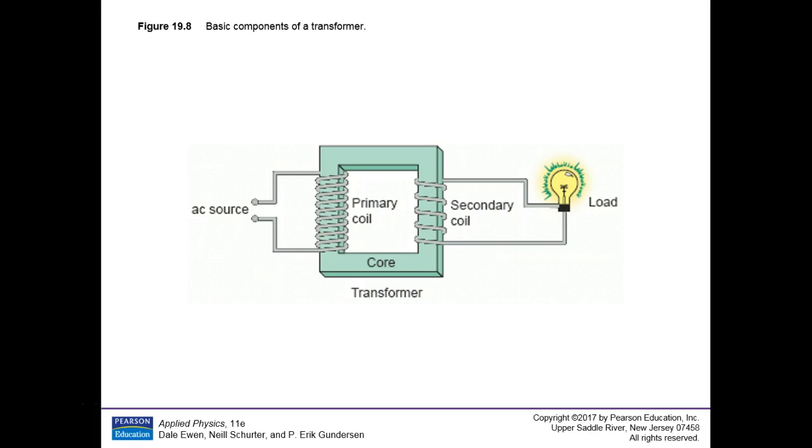Here is 1, 2, 3, 4. Let's call it 8 to 4. So that would step it down by half, okay? That would cut the voltage. 500 volts coming in would be 250 going out, okay? That's what a step-down transformer does. That's what it's doing on that power pole outside your residence.